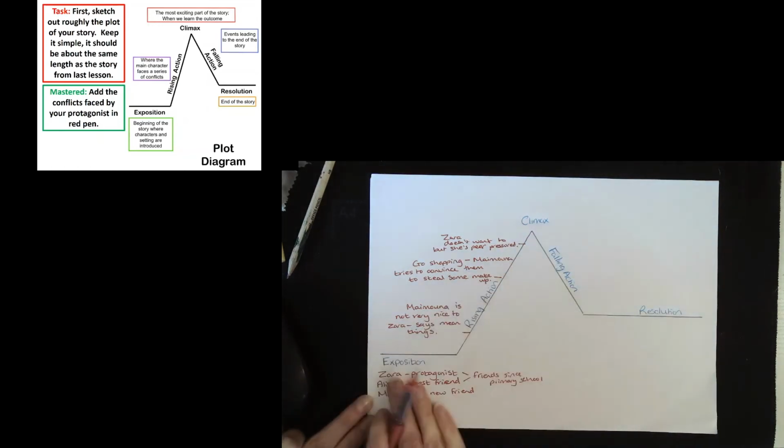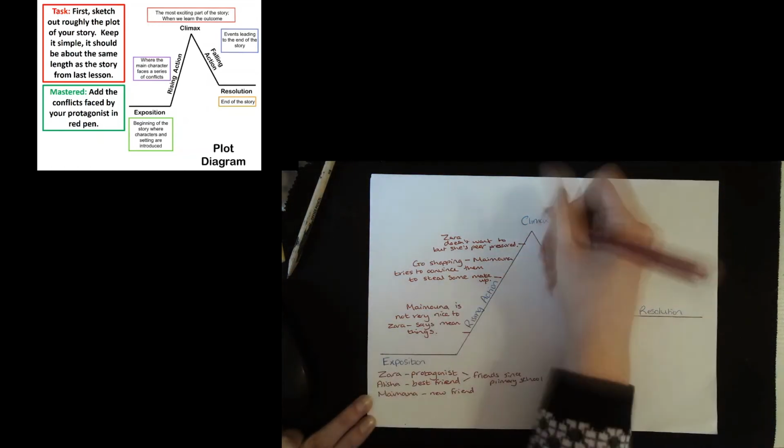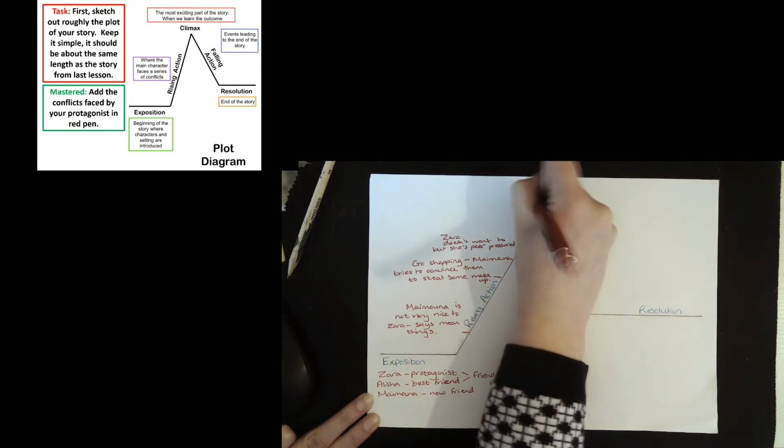So let's say Zara's quite a good girl, but Mamuna peer pressures her into it. And now we want to build up to the climax of the story. The climax of my story is the most exciting part, where we learn the outcome. So as you might have guessed, for the climax of my story, let's have it that they get caught.